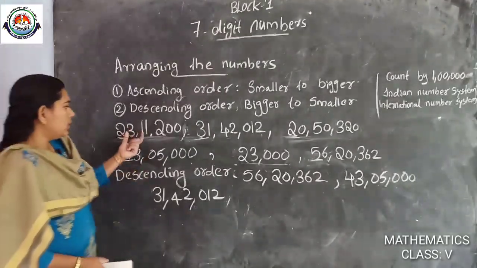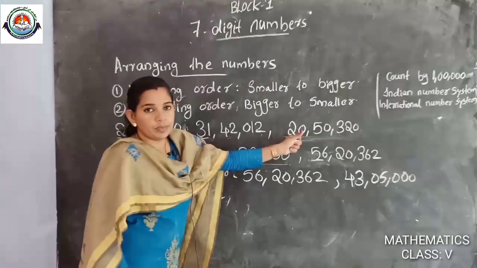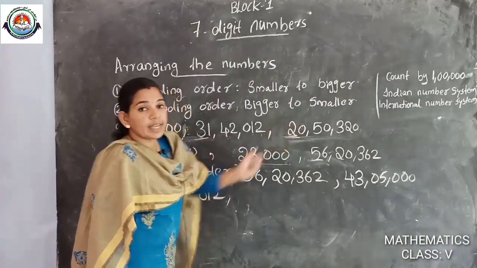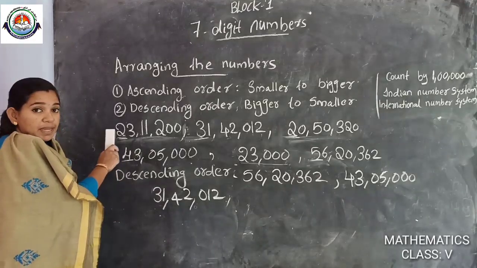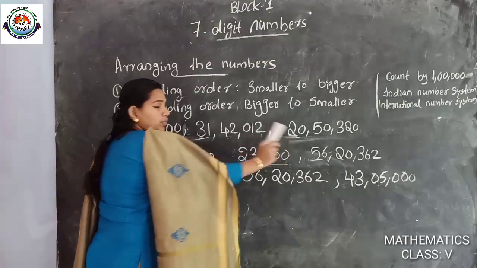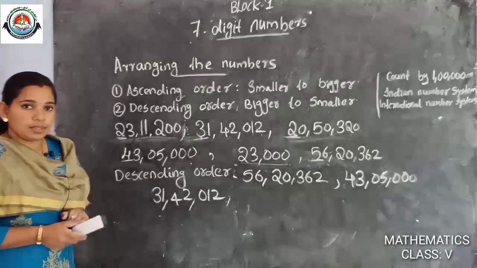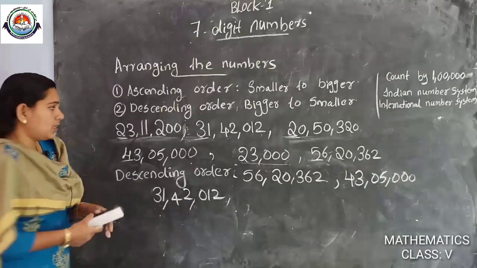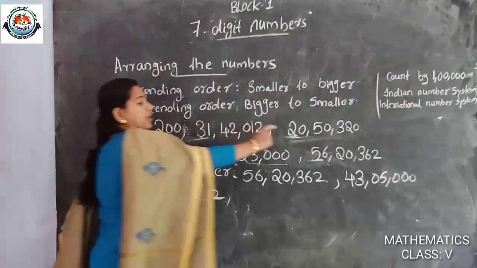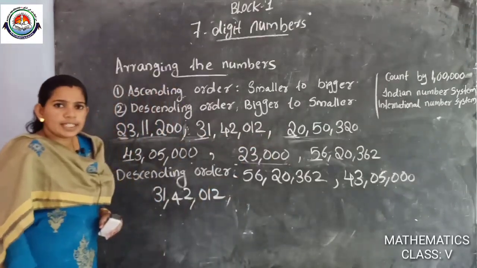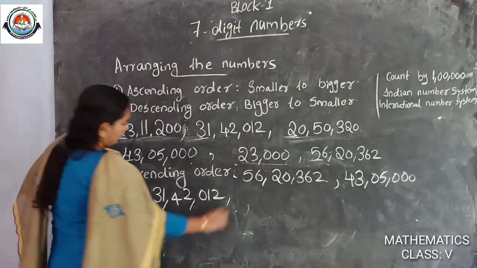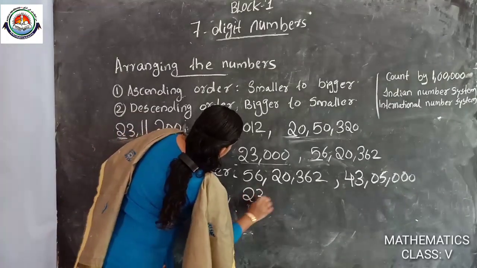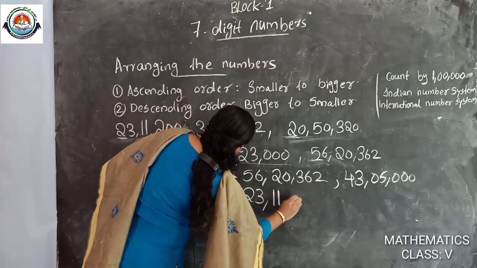Then here 2 and 2. How do we check which is larger? The highest place number is 2, here 2. Both have the same digit, so we check the next place. Here 3, here 0. Which is larger, 3 or 0? 3. So this is the larger number: 23 lakh 11,200.